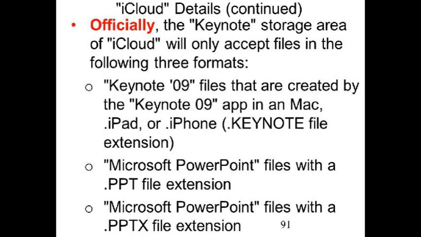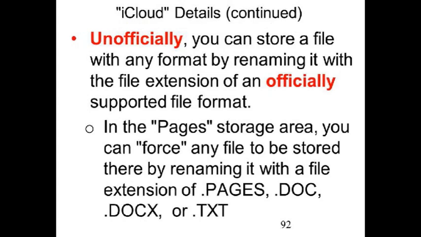This is true also if you access it with a PC once you get it going. The Keynotes tab in iCloud will only let you put up .keynote files, .ppt files, and .pptx files. So now, that's what they'll tell you.